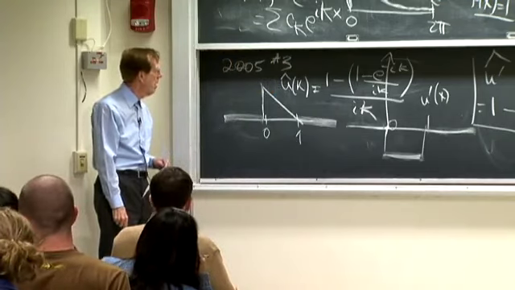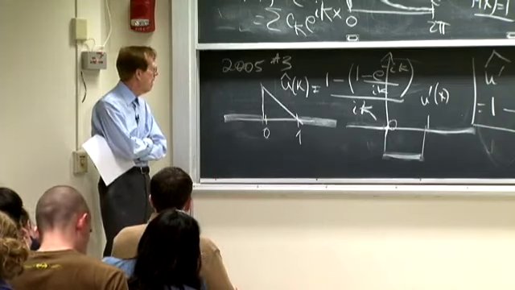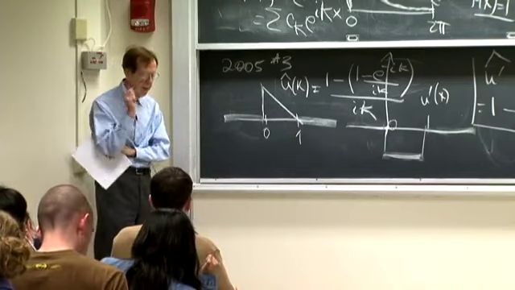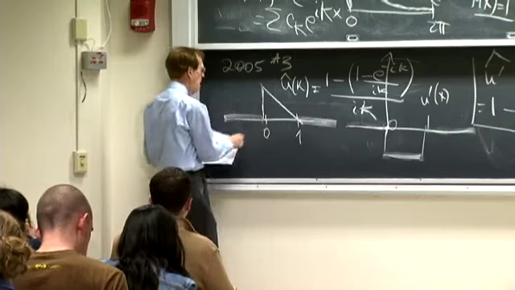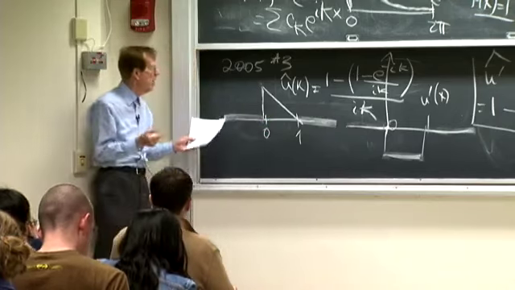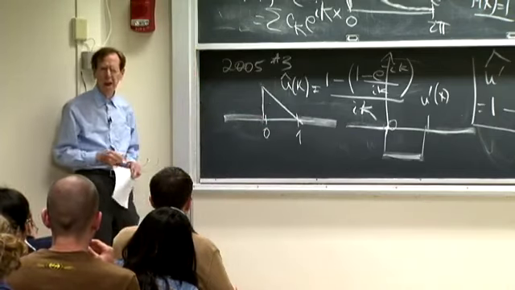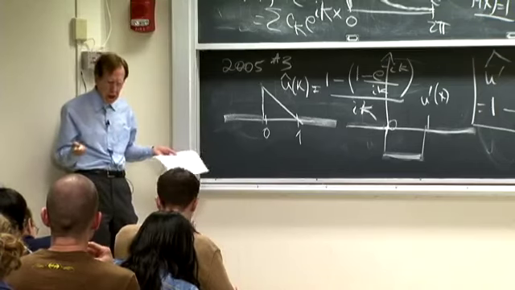Would the decay rate, what's the decay rate as it is now? The decay rate is a good key. So what is the decay rate right now? Here's a function with a jump. So I know that even though it has a slightly messy looking transform, I know the decay rate. With a jump it's 1 over k.